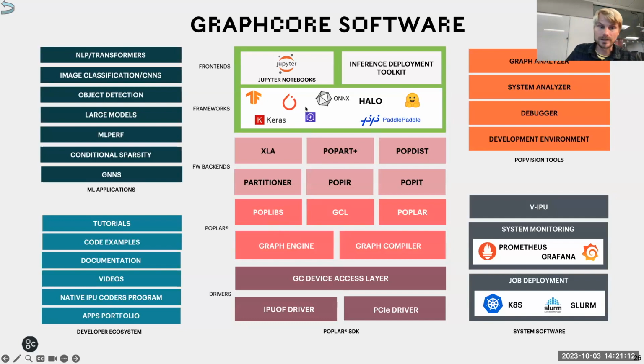In the case of PyTorch, the computational graph is traced and extracted with the PyTorch dispatcher, and in this intermediate representation, it goes down to PopART, Poplar Advanced Runtime, which then maps it to Poplar libraries.